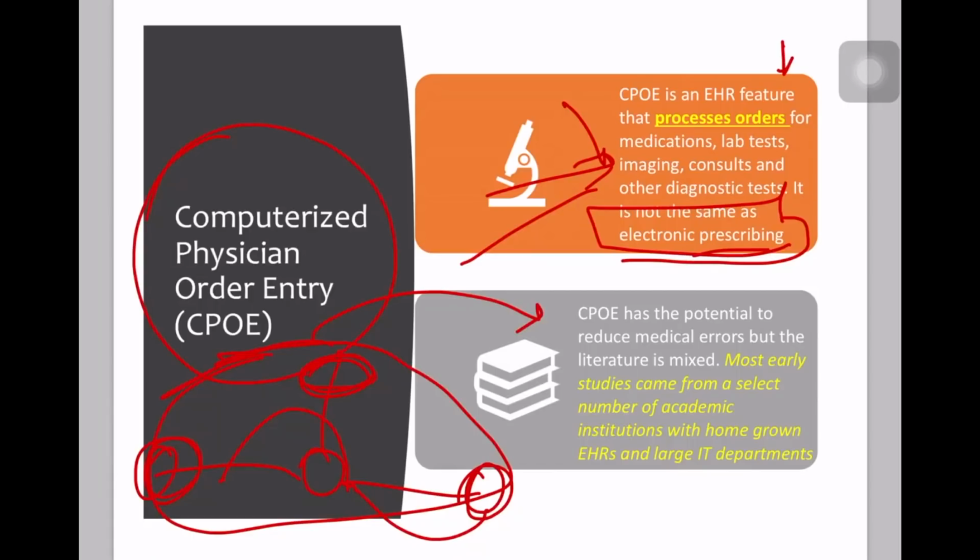For example, they say most early studies came from a select number of academic institutes with the same homegrown EHR and larger IT departments. One reason is that the results we have so far are mostly based on controlled studies from two or three hospitals. To say something for sure, you need large data.